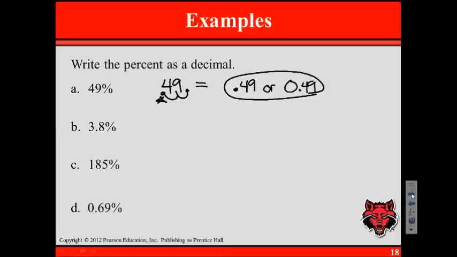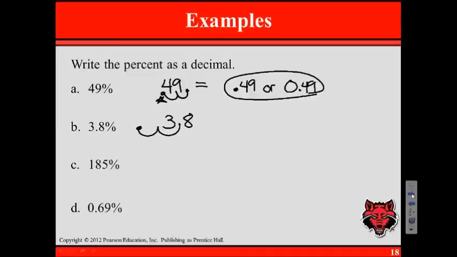Let's use that same method for the next example, 3.8%. So I write 3.8, and I want to move my decimal place twice to the left. 1, 2. Now, as we do so, we see we have a gap between our decimal place and 3.